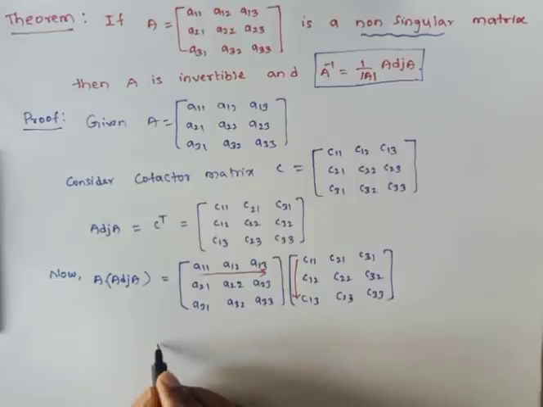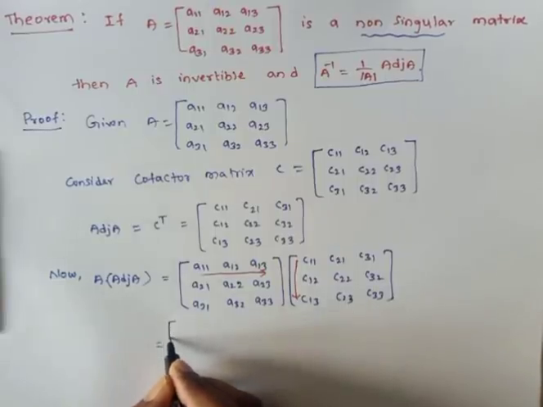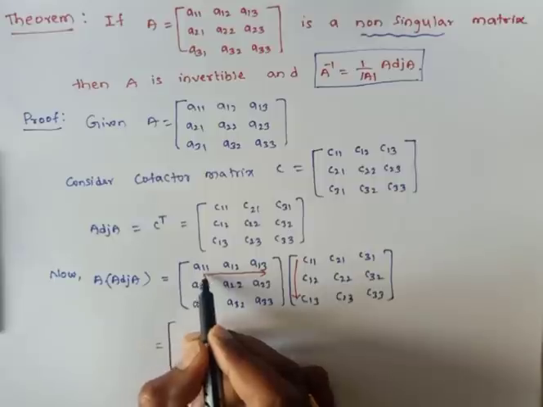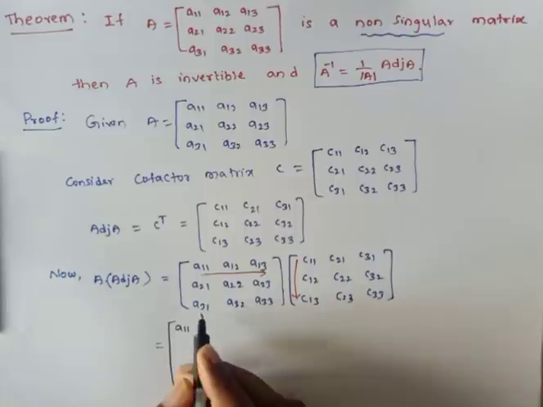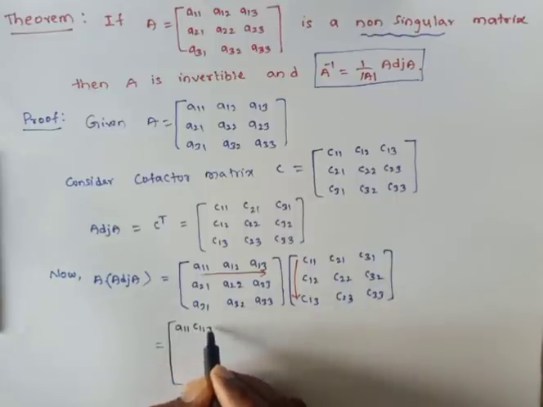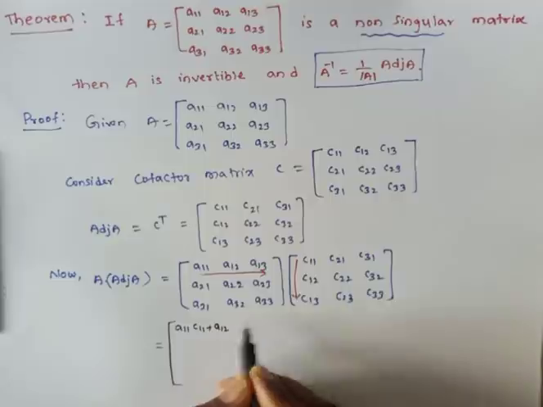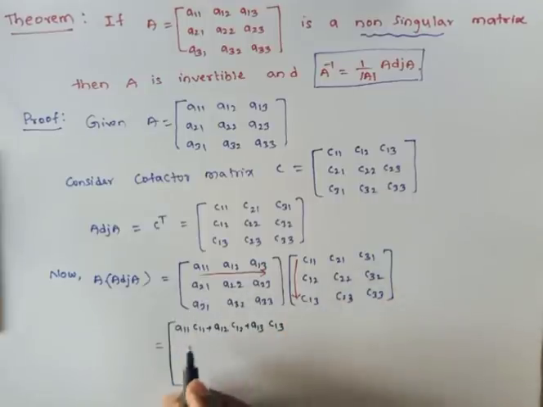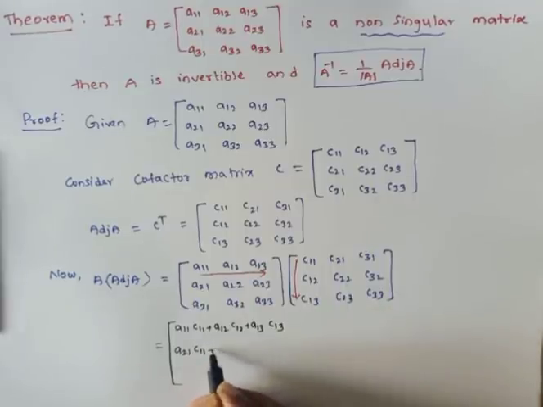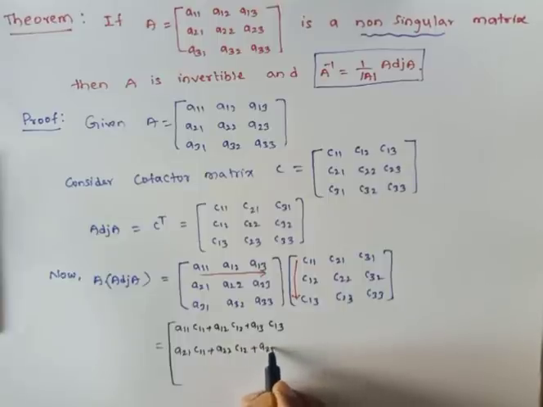Now the first column: the first row with the first column gives A11 into C11 plus A12 C12 plus A13 into C13. Next, the second row with the column: A21 C11 plus A22 C12 plus A23 C13.